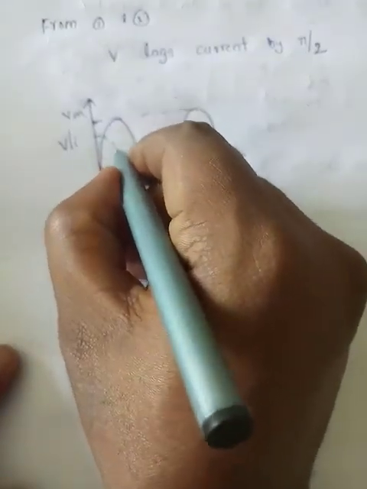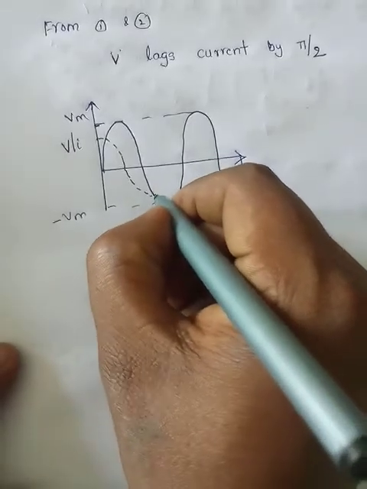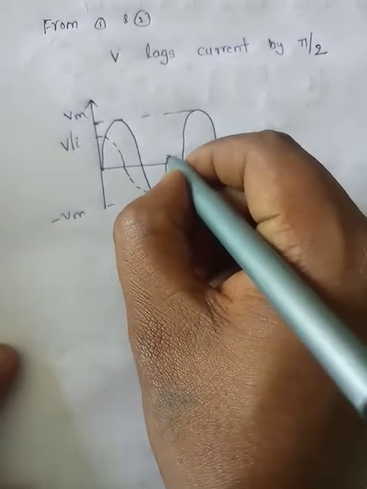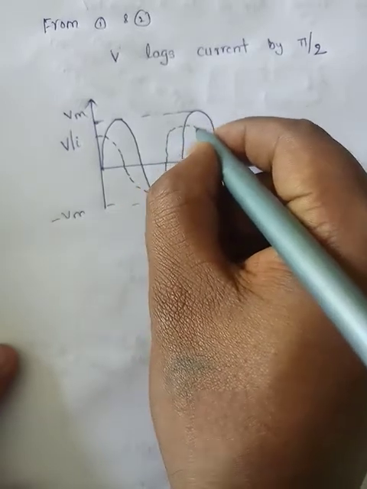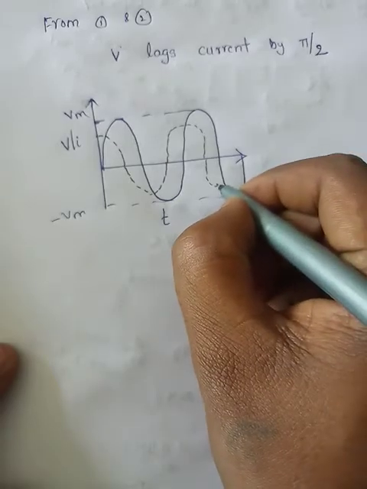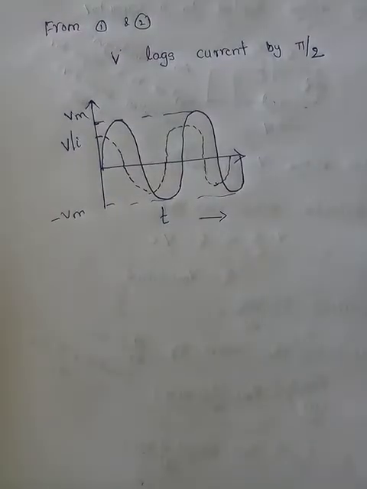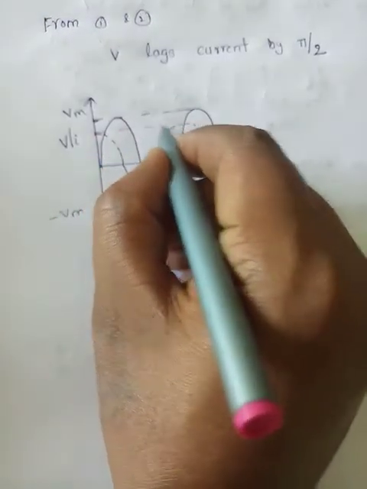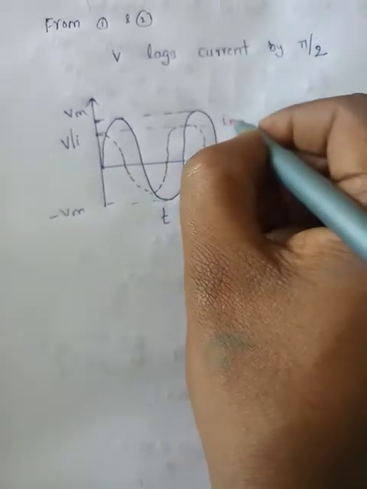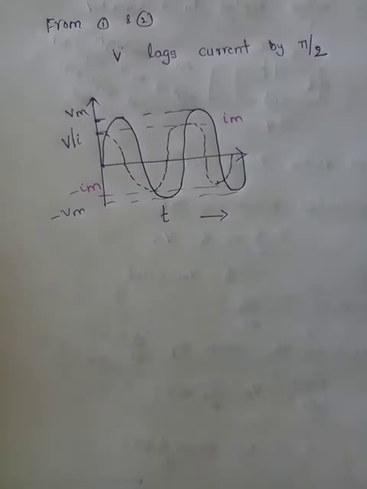When voltage is maximum, current becomes 0. This is Im, this is minus Im, showing how the voltage and current vary.